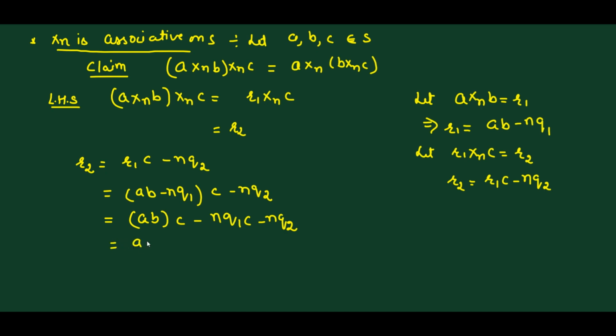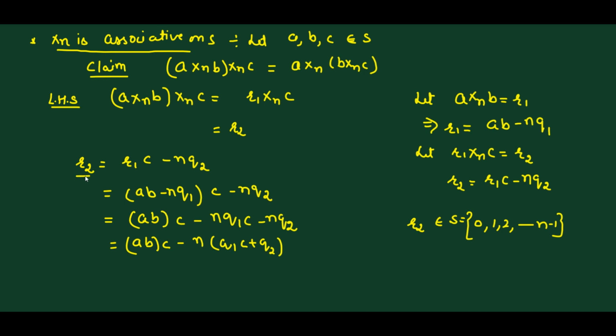You can rewrite this as ABC minus N times (Q1C plus Q2). Since R2 is the remainder, R2 belongs to the set S, which is 0, 1, 2 up to N minus 1.